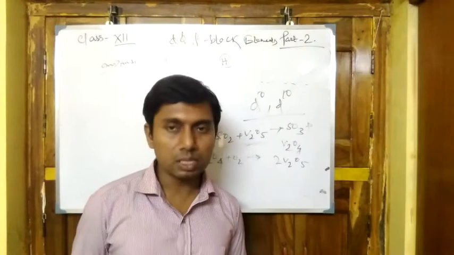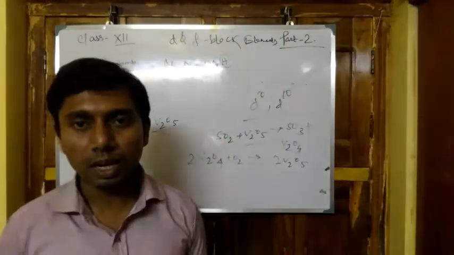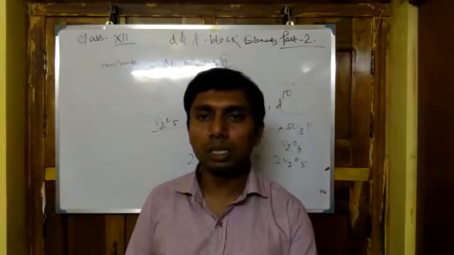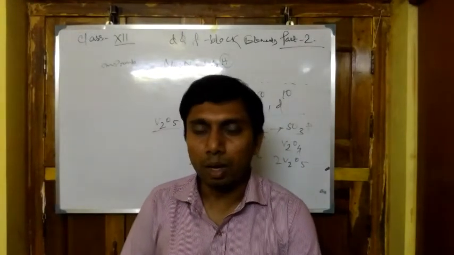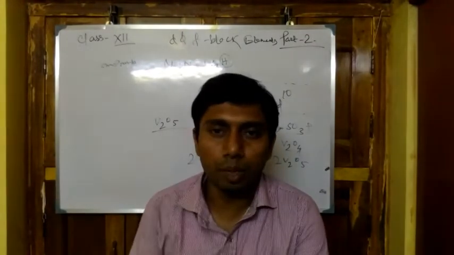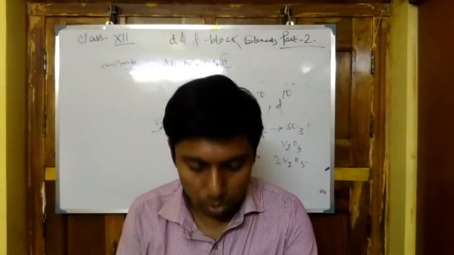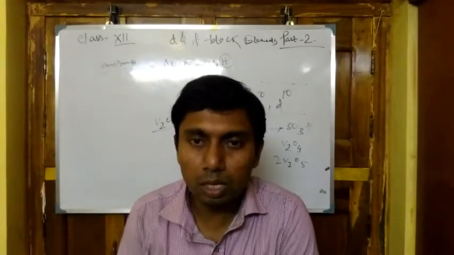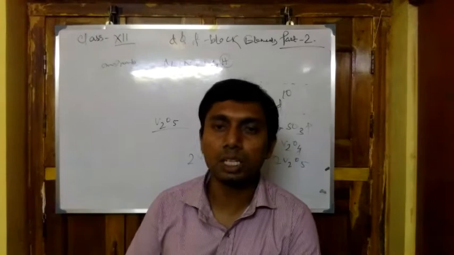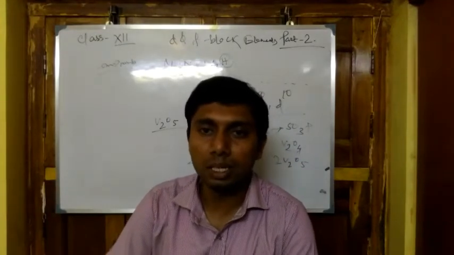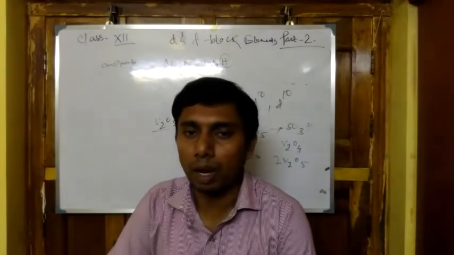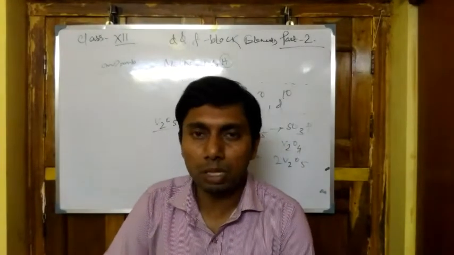Now the second one is alloy formation. What is an alloy? An alloy is a homogeneous mixture of two metals in a fixed proportion, and as the percentage of the elements changes, we get different kinds of alloy. Now why is there formation of alloy?